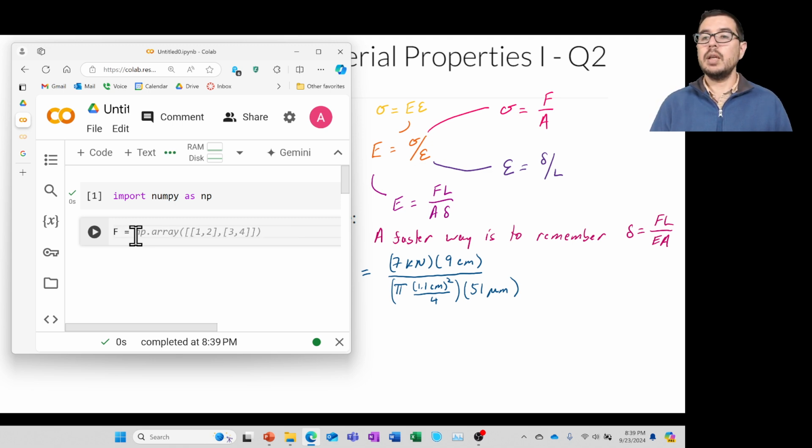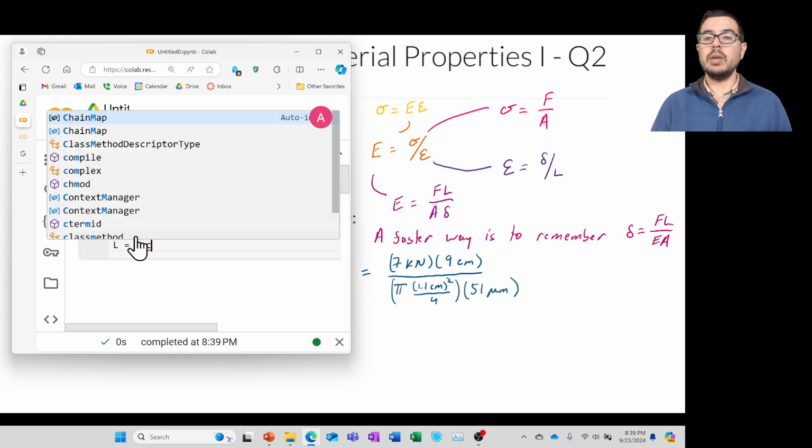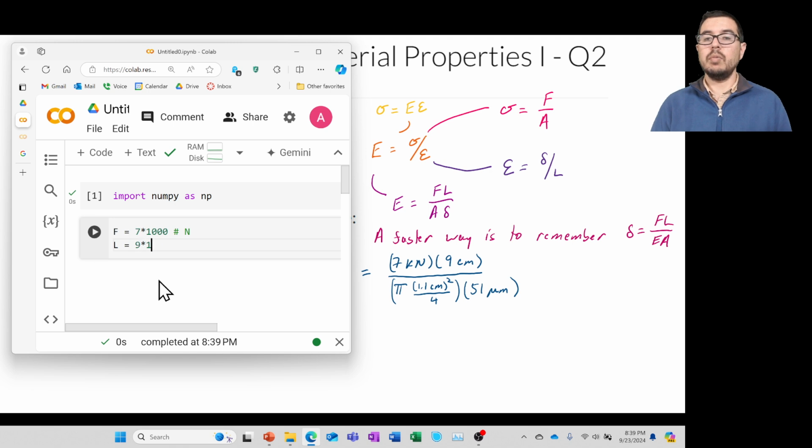So the force was 7 kilonewtons, so we'll do 7 times 1,000, and we'll keep that in terms of newtons. The length, we'll multiply by 1/100th, and that will give us units of meters. We can do it either way, but let's do the diameter, and we'll say it's 1.1 e to the -2, which gives us meters.